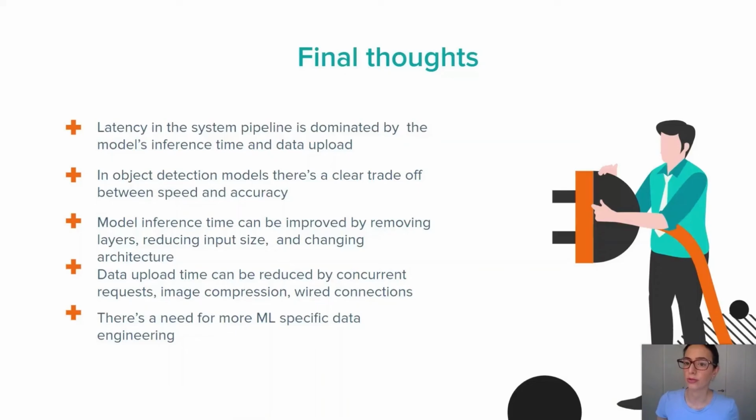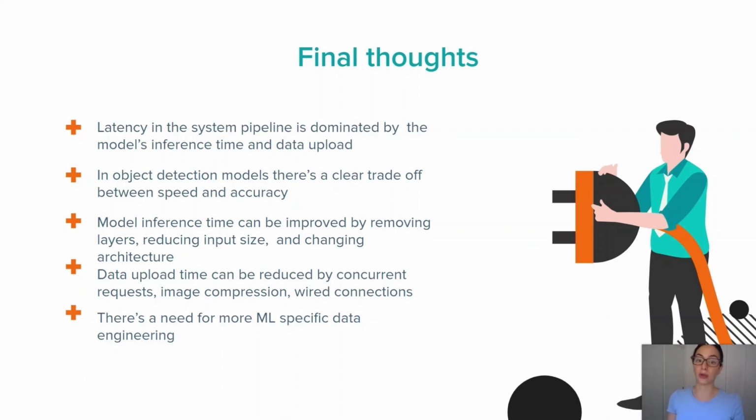And finally, moving on to our conclusion, we can say that the latency in the system pipeline is dominated by the model inference time and the data upload and streaming.